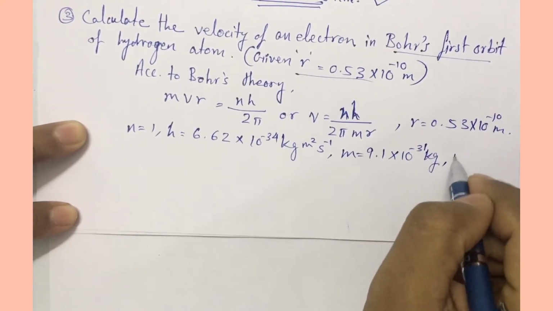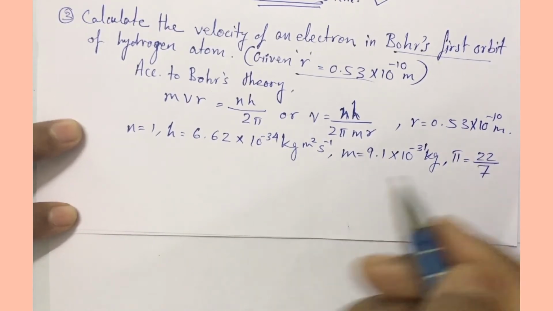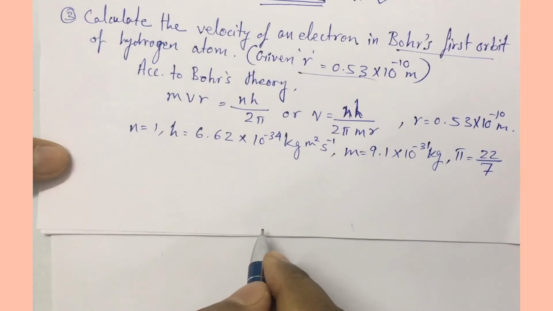And pi value we know, pi is 22 by 7. You can take 3.14 also, no problem.